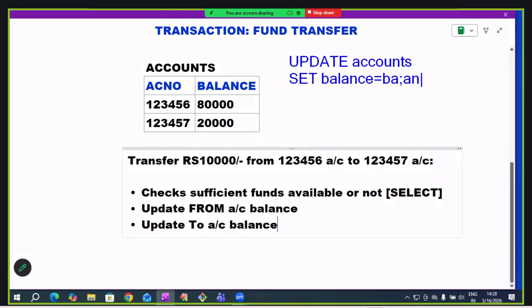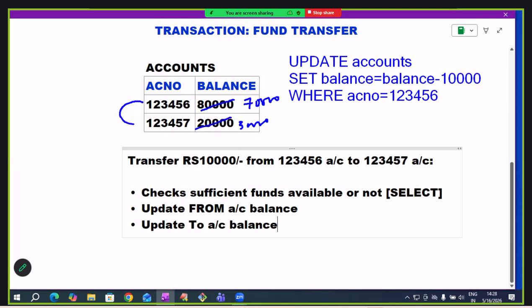Balance equals current balance minus 10,000, the transferring amount, where account number equals 123456. Now this value will be updated as 70,000. Then update this value as 30,000.